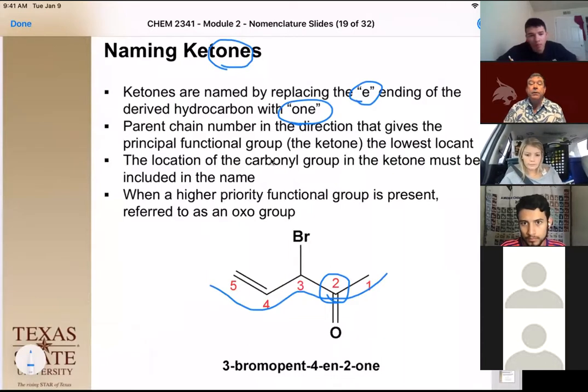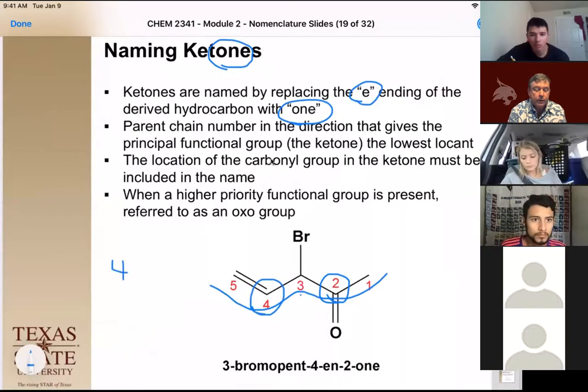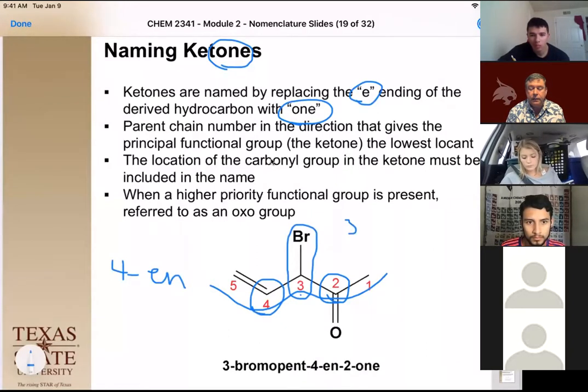And then we do what we do with all of our other nomenclature, where we number the chain, and we number where our functional groups are. This is a functional group, so we have to have our 4-ene somewhere in our answer. And here's a functional group. We have to have a 3-bromo somewhere in our answer.